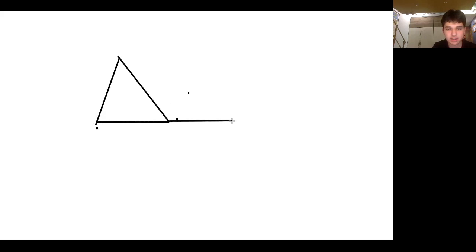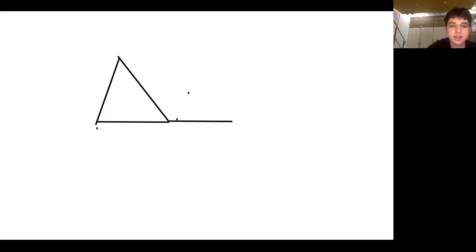All right. And now, just to put what we've done into practice in a sum, say I take a triangle such as this, and there's an extension here.